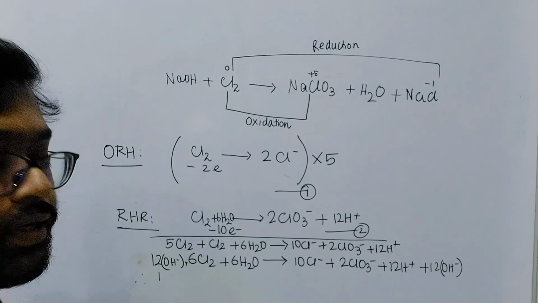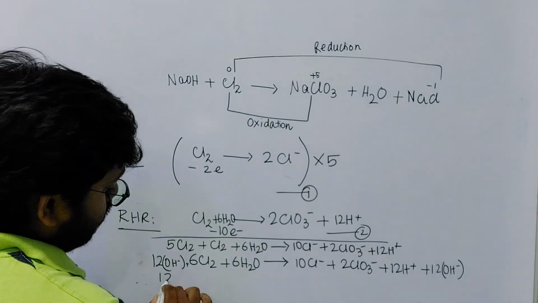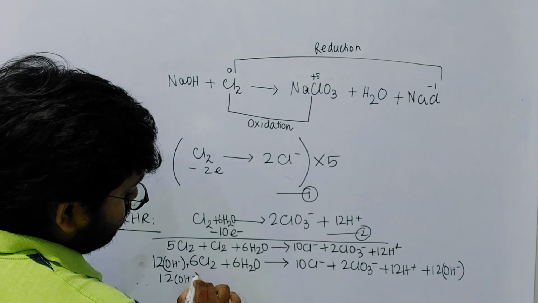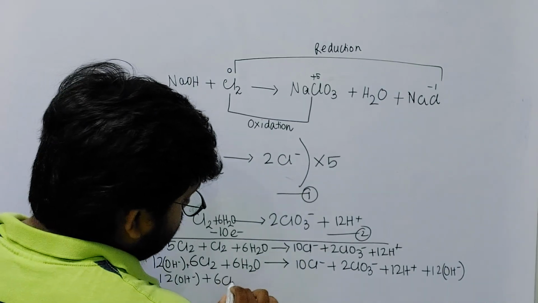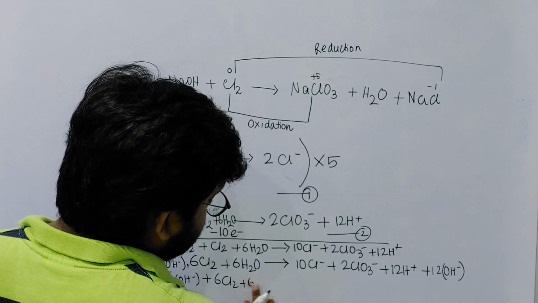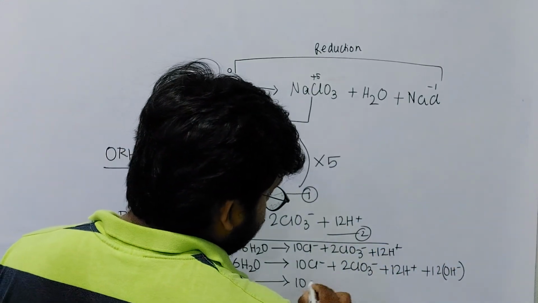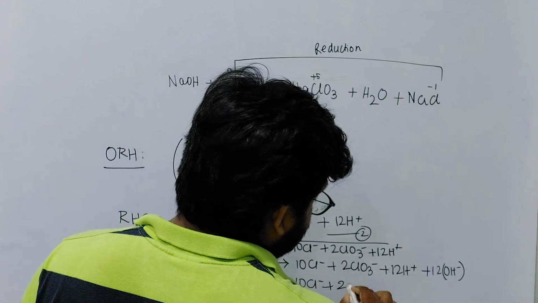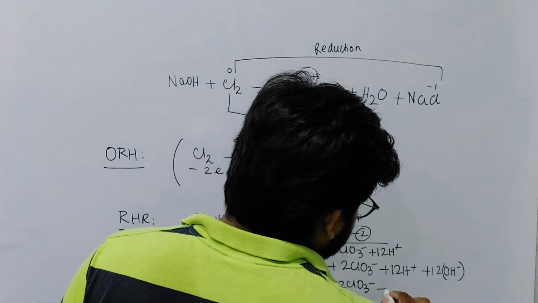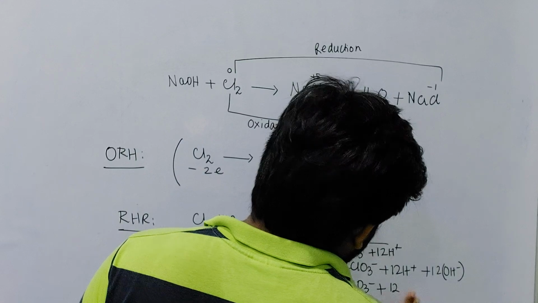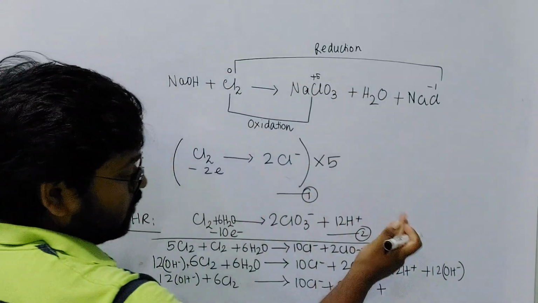12 OH minus plus 6 Cl2 plus 6 H2O, and on the right hand side, 10 Cl minus plus 2 ClO3 minus plus 12 H2O minus 6 H2O.